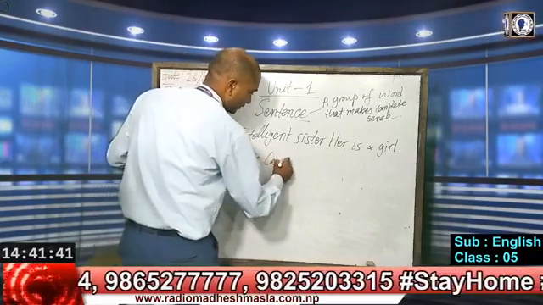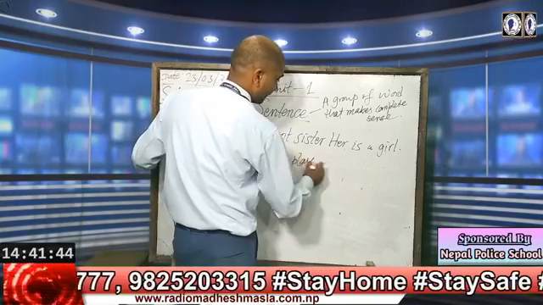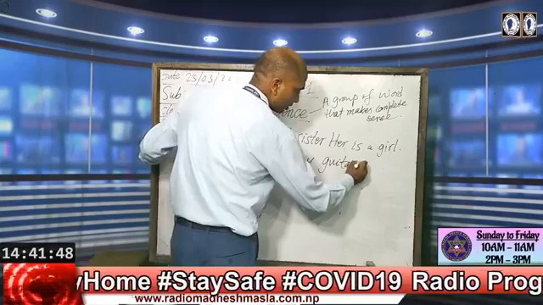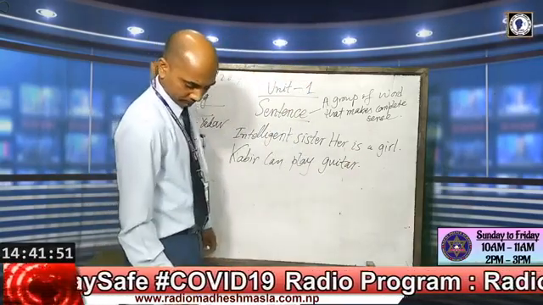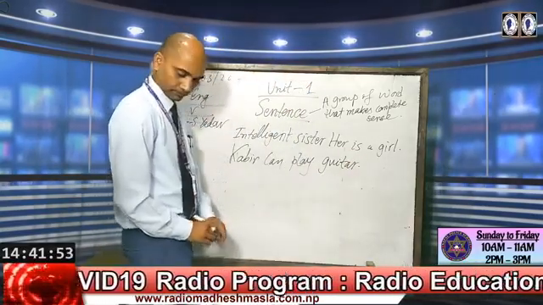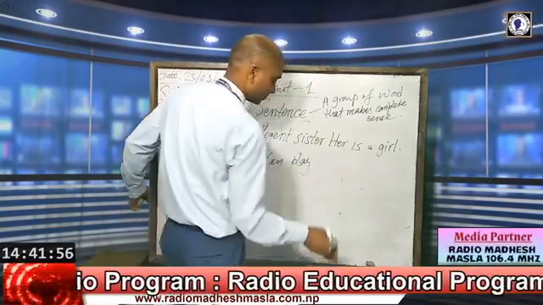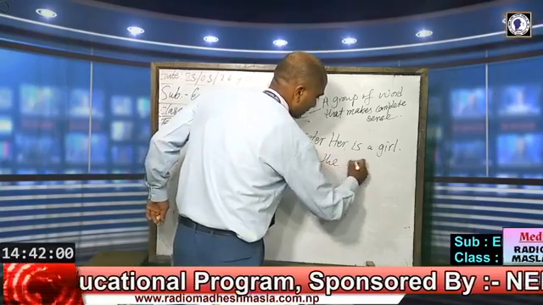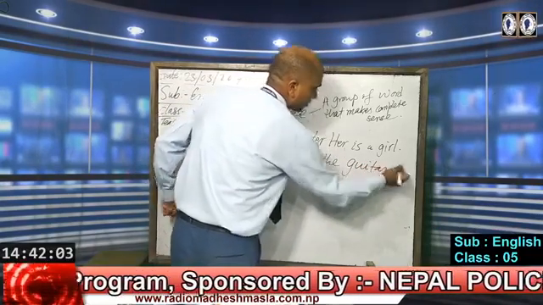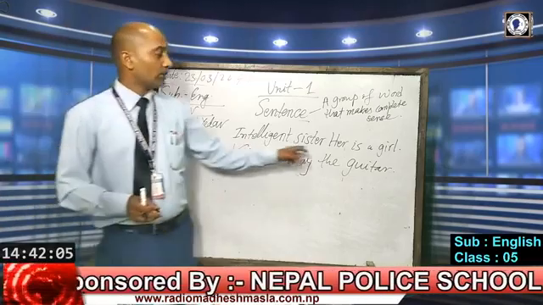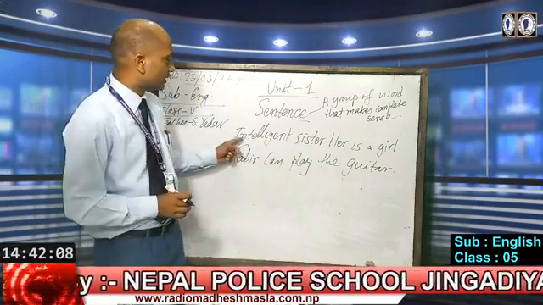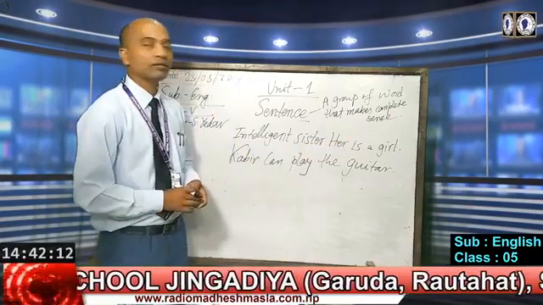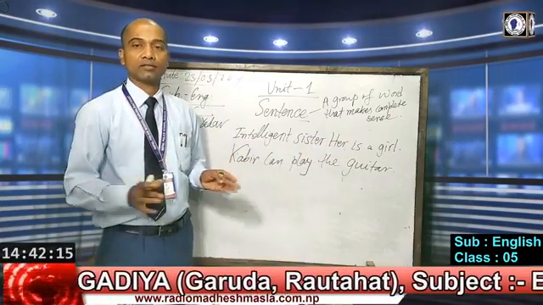Kavi can play guitar. Here in the above group of words, you can see "intelligent sister her is a girl" does not make any sense.